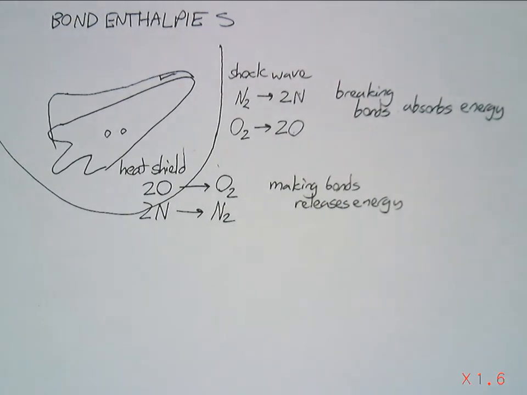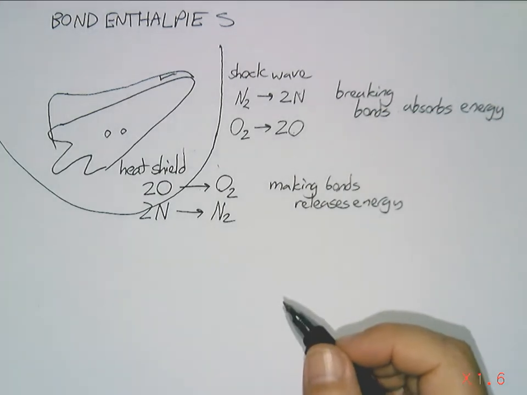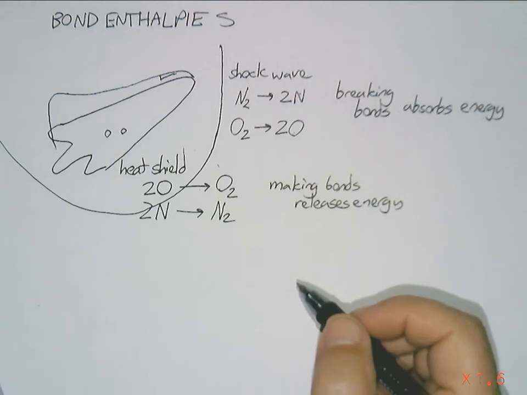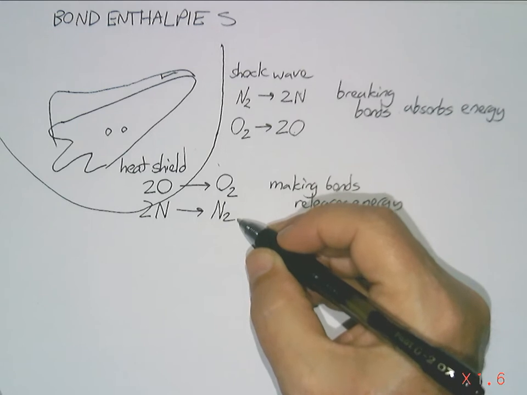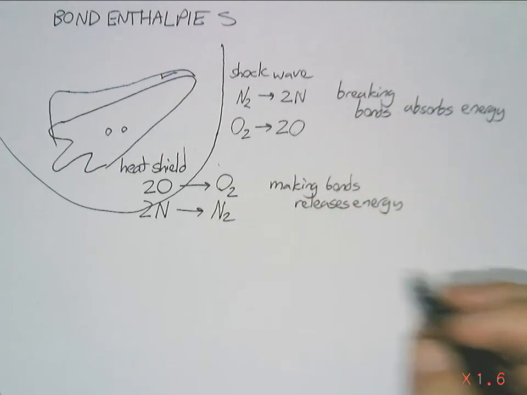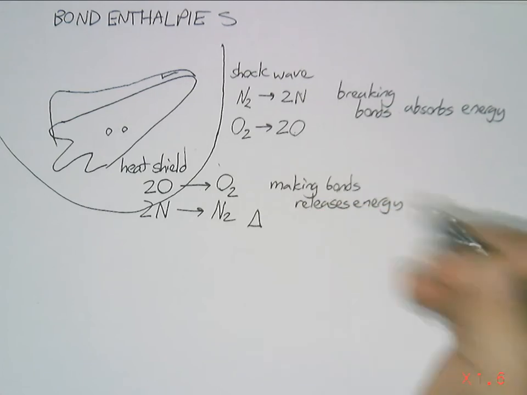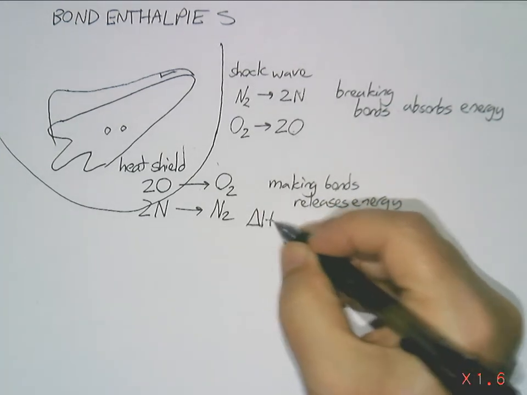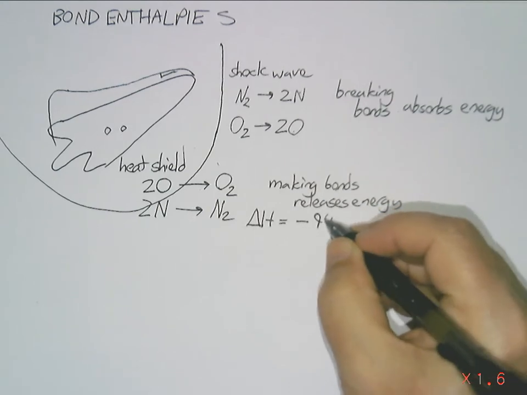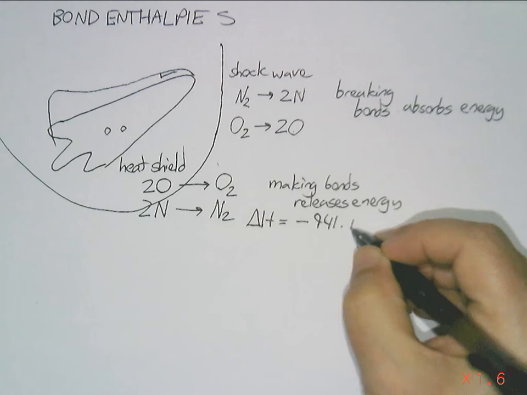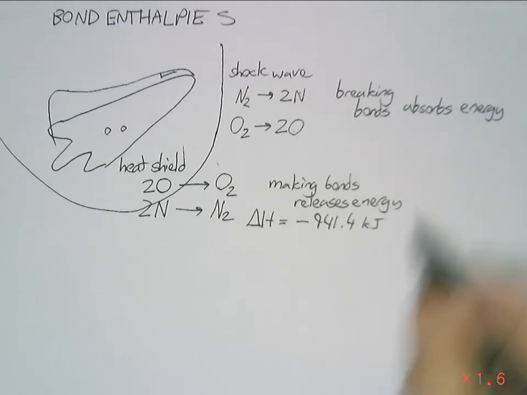If you take a look at question 7 on your worksheet, it says that the bond enthalpy for N2 is 941.4, and that means that I can write that this reaction releases 941.4 kilojoules.